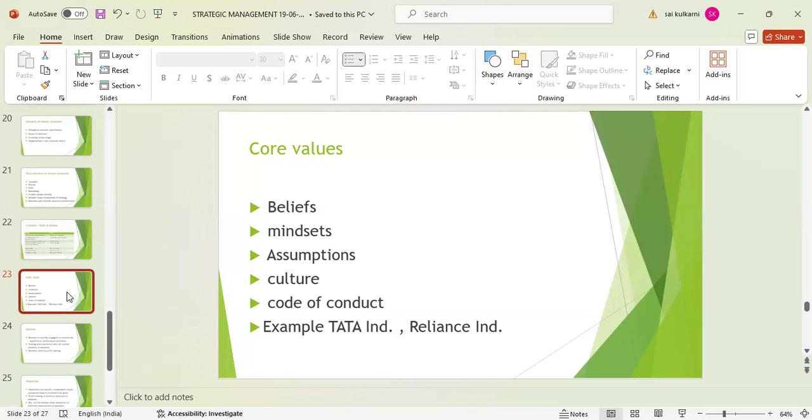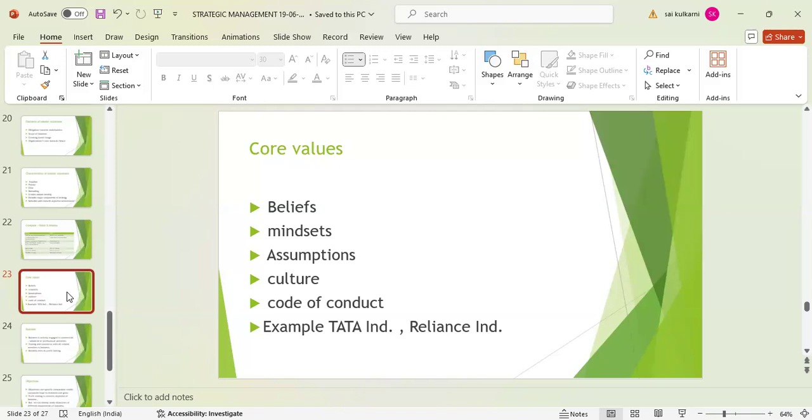Now, one more example, Tata Industry, which you are all aware of. There are very good working conditions and very good rules or facilities for the workers or employees in Tata Industry. So this is part of the culture of Tata Industry.